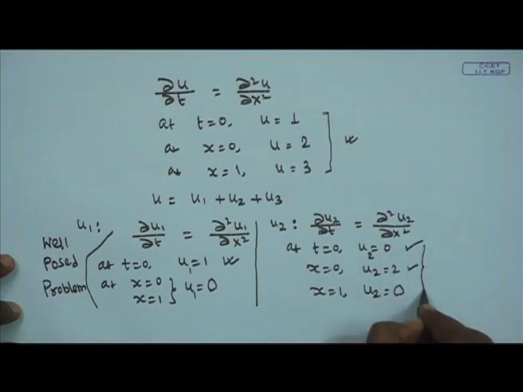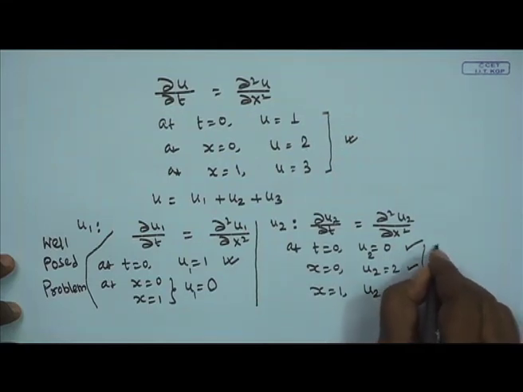On the other hand, if you have a parabolic partial differential equation with a homogeneous initial condition and non-zero boundary conditions, for example, a homogeneous initial condition and one of the boundary conditions non-homogeneous, then this is known as an ill-posed problem.